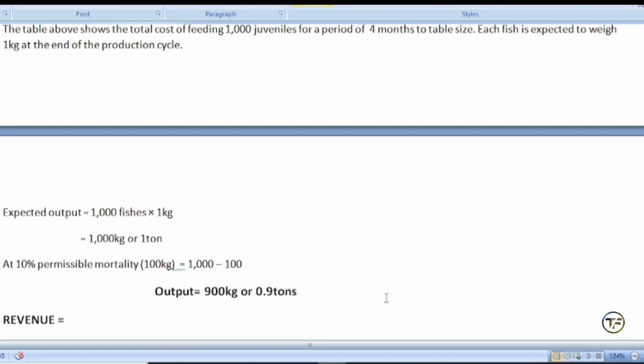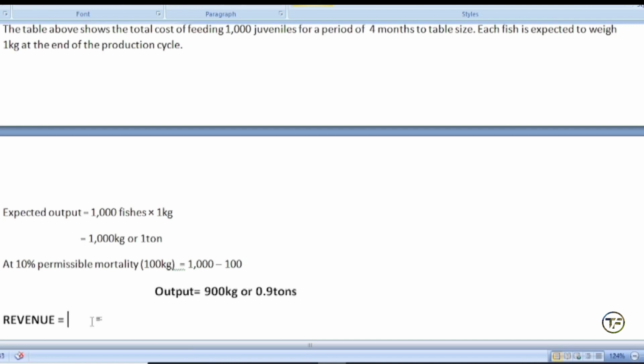All right, so many things can affect your output at the end of the day, but all things being equal, doing the right thing, you expected to have nothing less than 900 kg at the end of the production cycle. Now let us calculate our revenue.